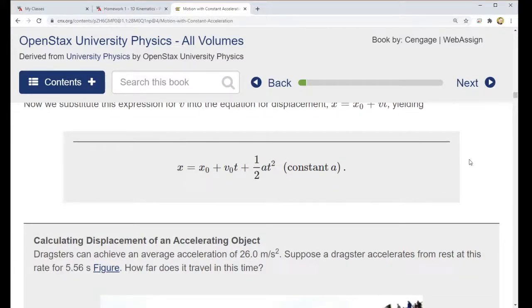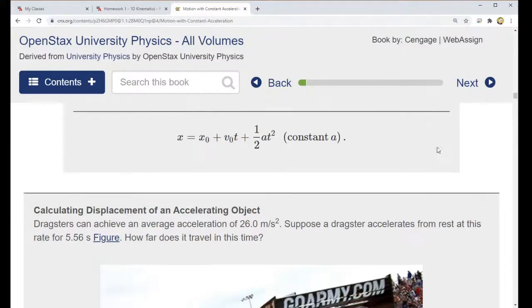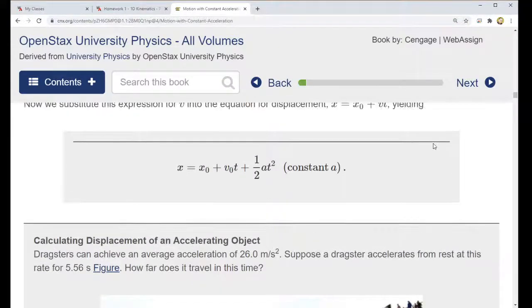And this equation would be useful in a situation where you don't know how fast you're going, v, at the end of some interval of time, but you know your rate of acceleration, you know where you are and where you started, x and x naught, and you know how fast you were going when you started. All right. And so let's add that to our toolbox.